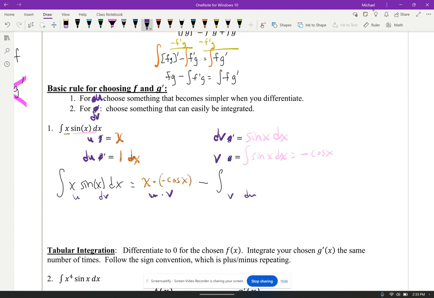So the antiderivative of v times du, which is just 1 dx.